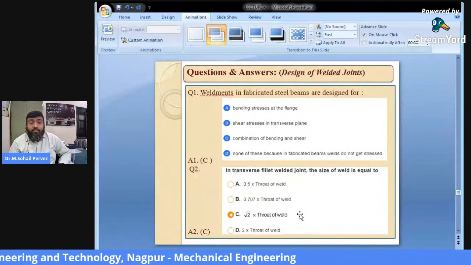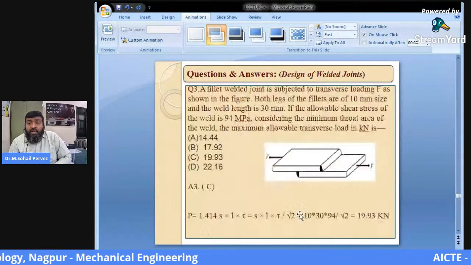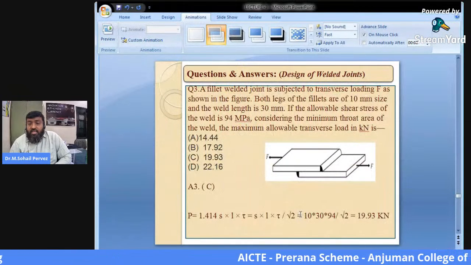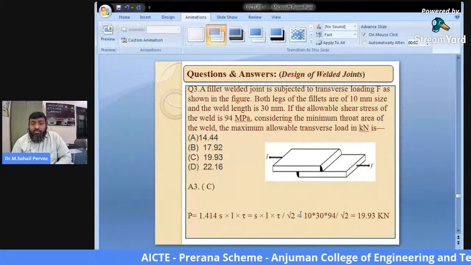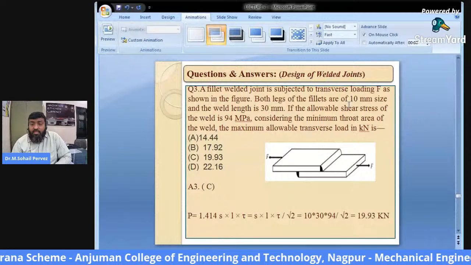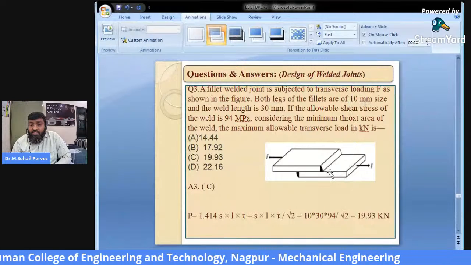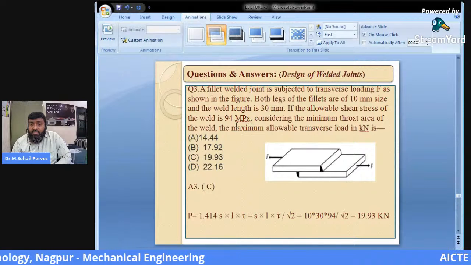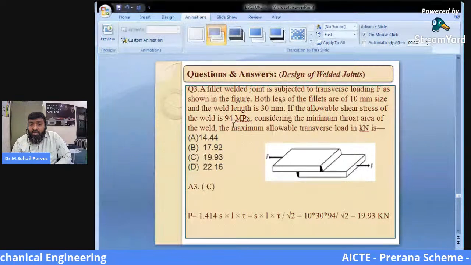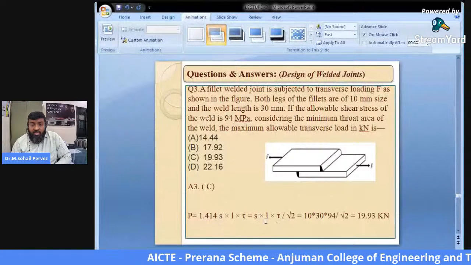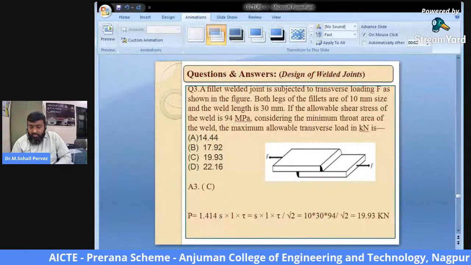The next one is a fillet welded joint subjected to transverse loading F. In this case, 10 mm is the size of weld S, and small l is 30 mm. Stress is given, so we can use the simple formula, that is S into l into tau upon √2, and you'll get the answer. So the correct answer is C.